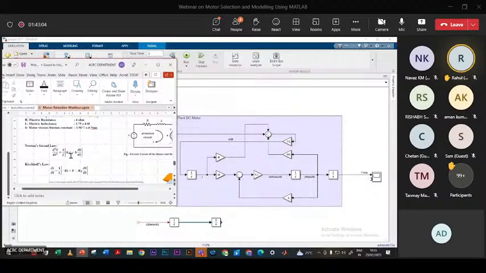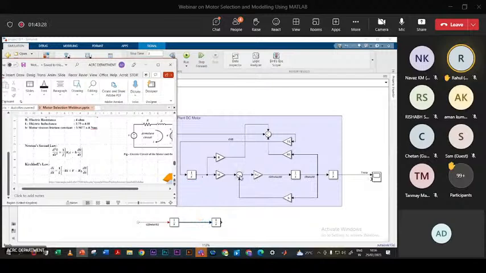Then I go for the further things like Kt and Ki, and this one is the d theta by dt. Here Kt is the torque constant, multiplied by i. So I will be using a summer here. I can see here that Kt into i is the addition part, and this one is the negative part.